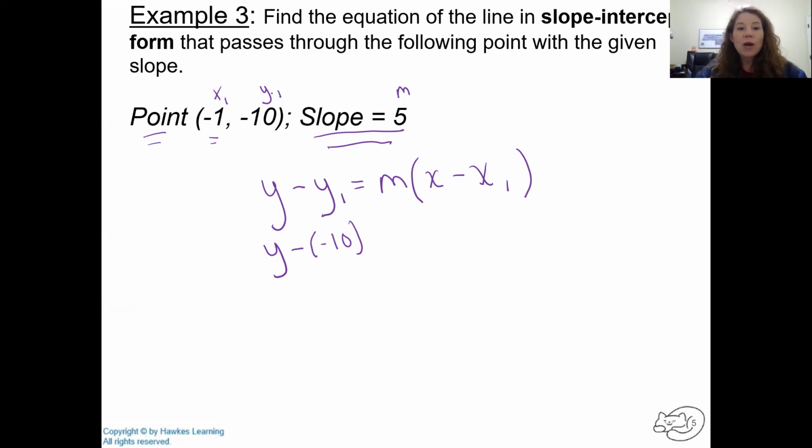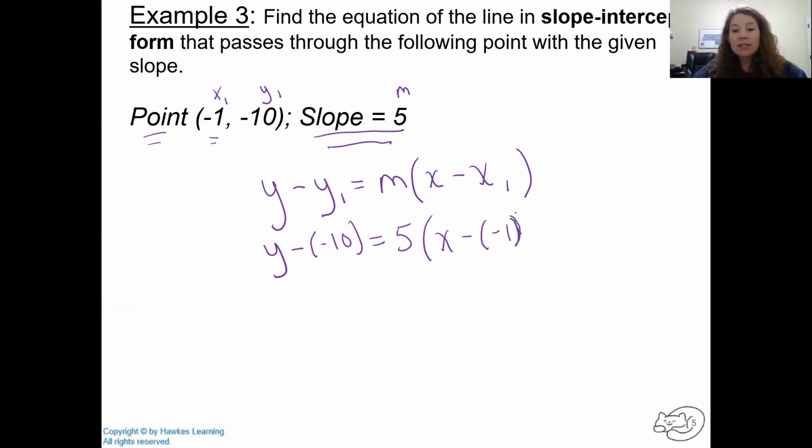We don't have 2 points. We only have 1 point. So y minus y1, well, what is y1? y1 is -10, is equal to our slope. Our slope is 5 times x minus our x1, which is -1.